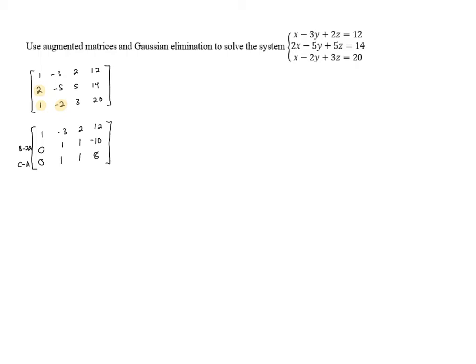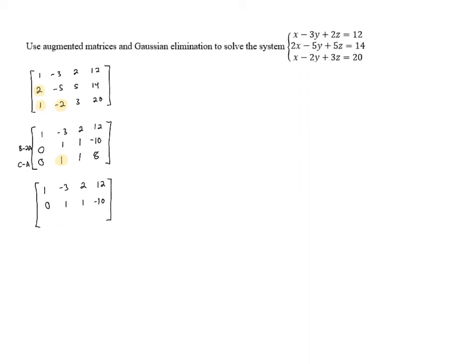At this point, we still have one more entry that we want to turn into a 0. So because we're not going to change the first two rows anymore, we can just copy those out. And then we have to determine a row operation that will give us a 0 here.